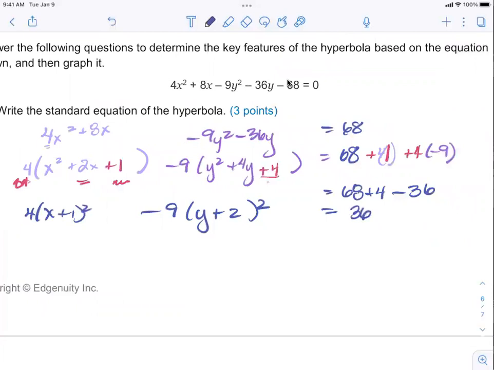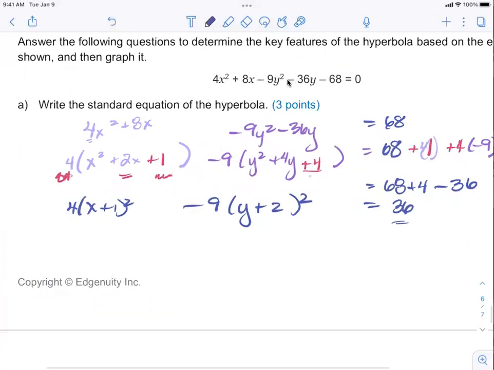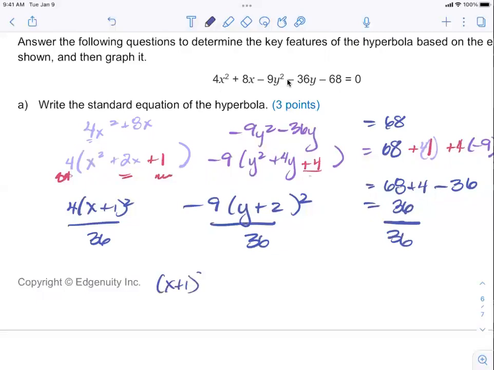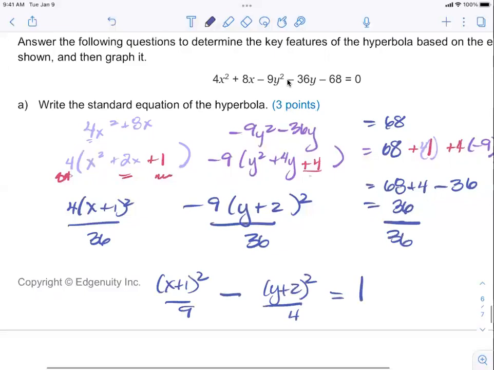Okay, now because this needs to be a 1 on the right-hand side, we divide everything by 36. So divide by 36, divide by 36, divide by 36. So I have x plus 1 quantity squared over 9 minus y plus 2 quantity squared over 4 is equal to 1.